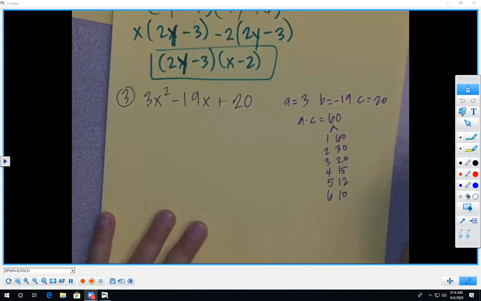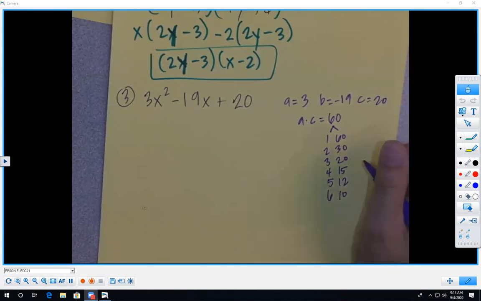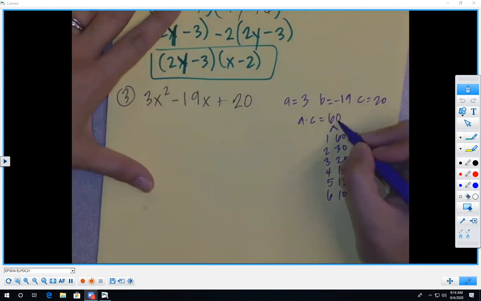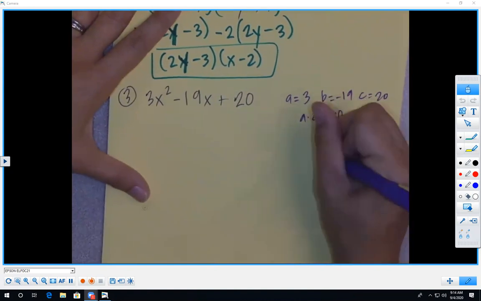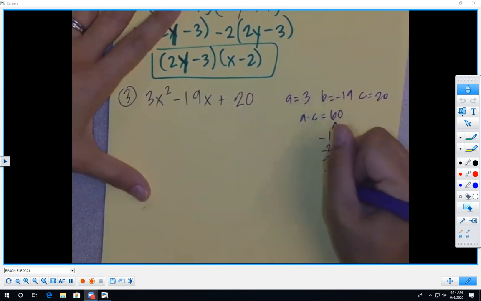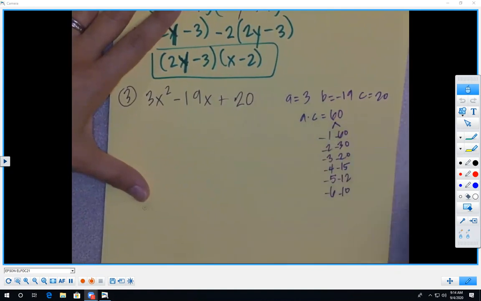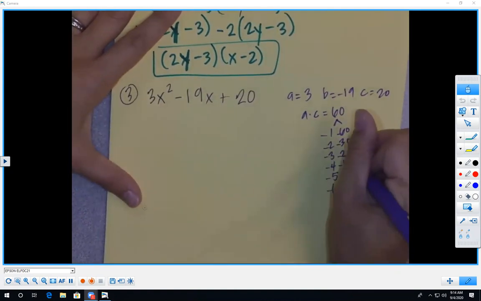So there's a lot of factors there. To get 19, how am I going to get 19 here? To multiply to get positive 60, they both need to be positive or both need to be negative. You could put negatives on both of everything here. Which one's going to give me negative 19? The negative 4 and negative 15.